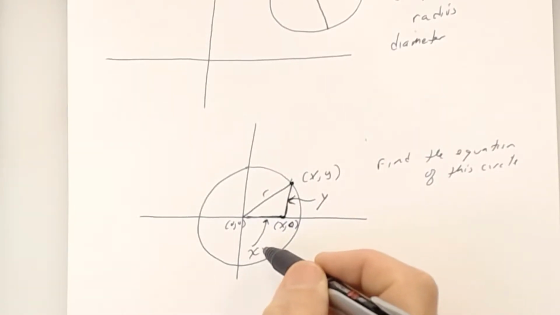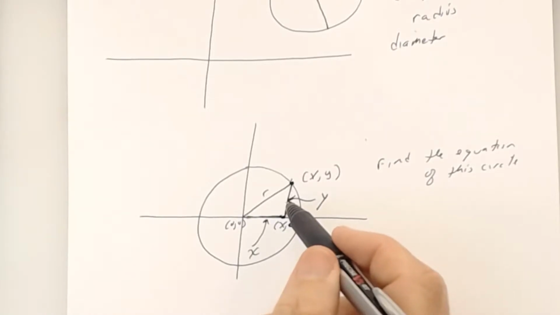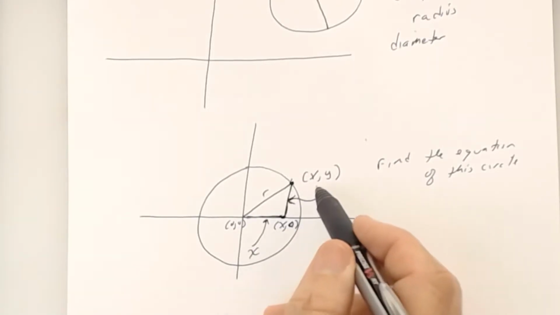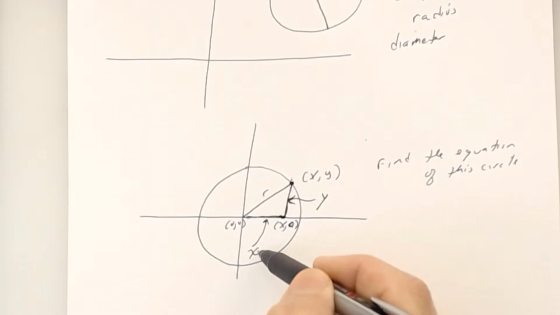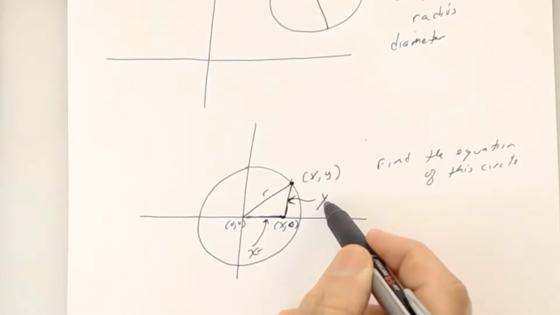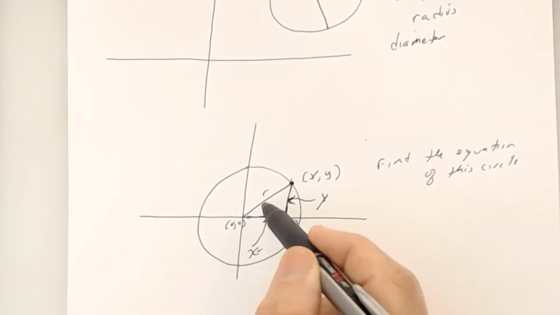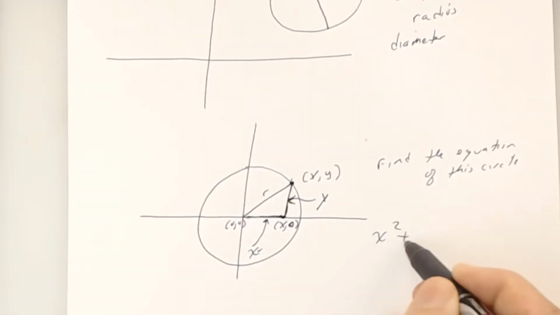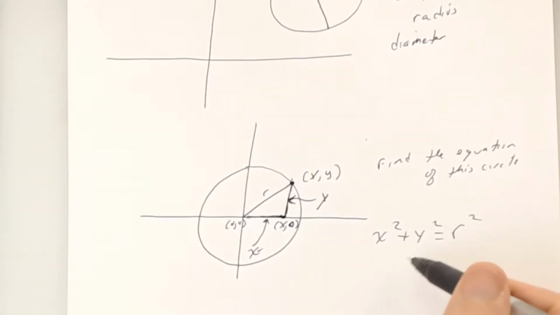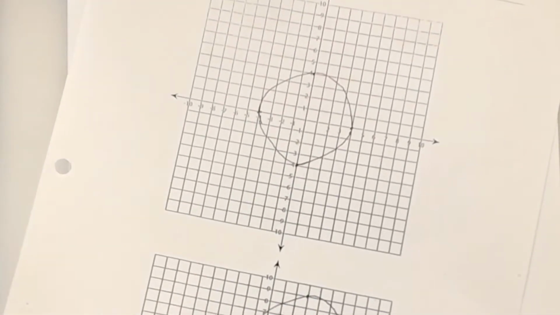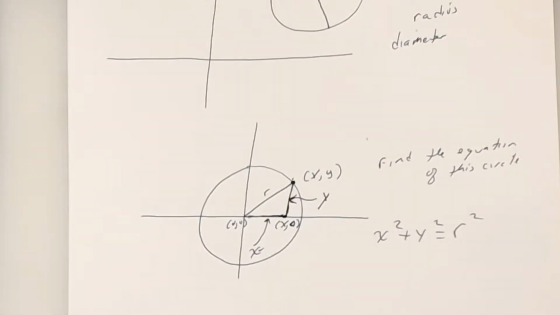So now I can find the equation of the circle by just using Pythagorean's theorem. X squared plus Y squared equals what? R squared. So what we found is this, and you're going to see this in the next example on the sheet I gave you. Where was the center of this circle?